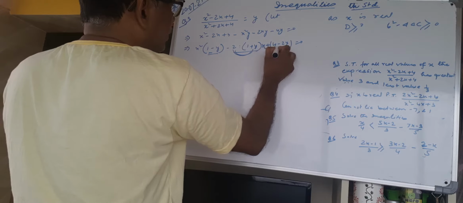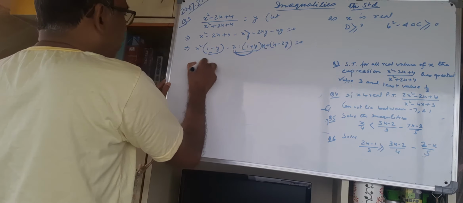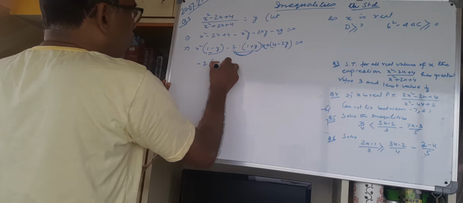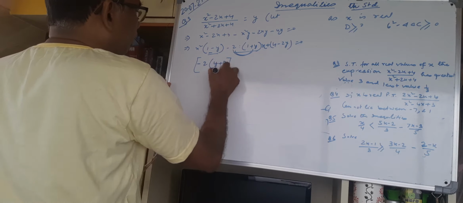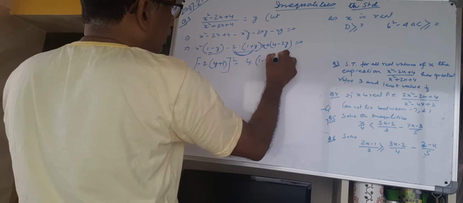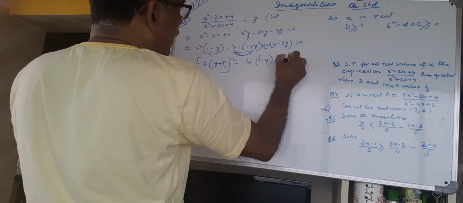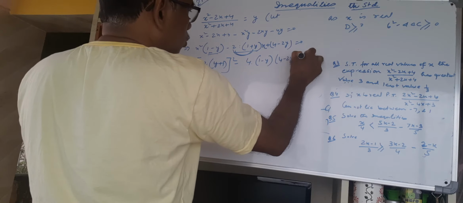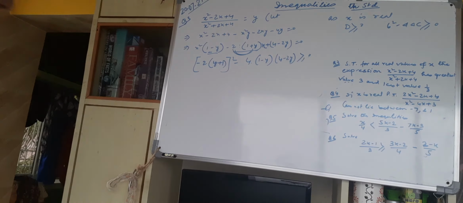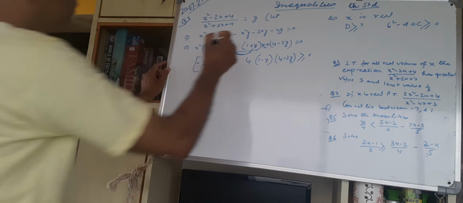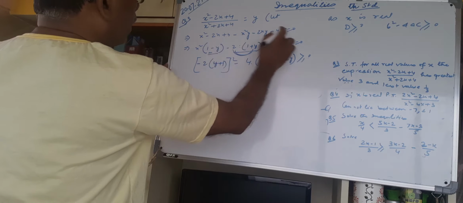This is B and this is C, that is b² - 4ac: (-2(y + 1))² - 4(1 - y)(4 - 2y) ≥ 0.